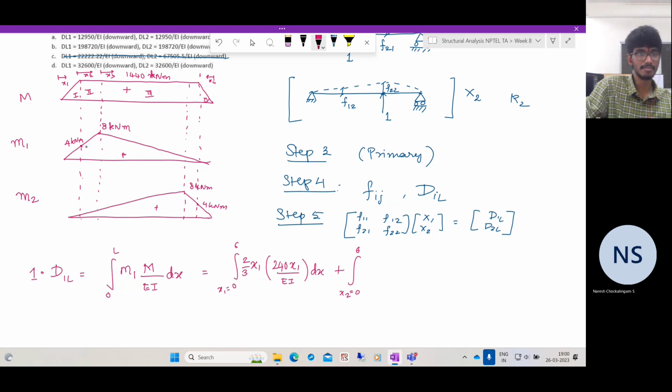What is the function here? The virtual bending moment function starts at 4 and goes to 8. So it's nothing but 4 plus 2 by 3 x2, into the real bending moment, which is a constant in this region. So it is 1440 by EI dx2.